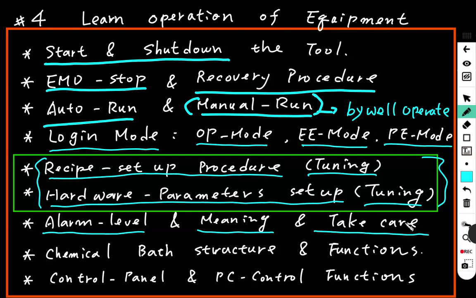After you know this machine well, then you can take care of it by yourself, or you can take care of it with your teacher or master to help you do the correct action.